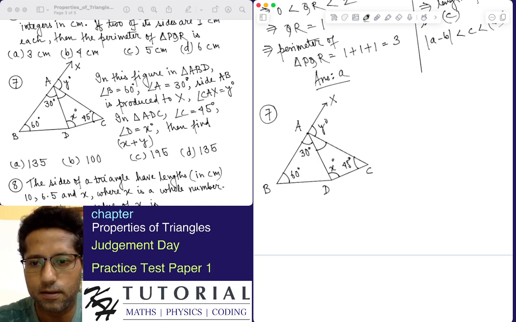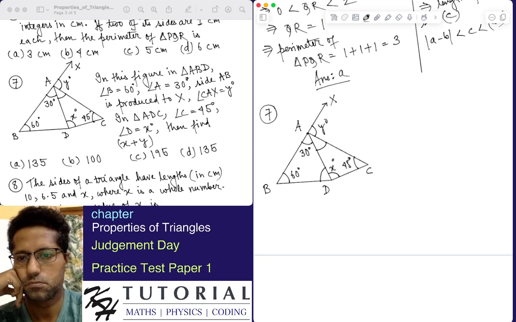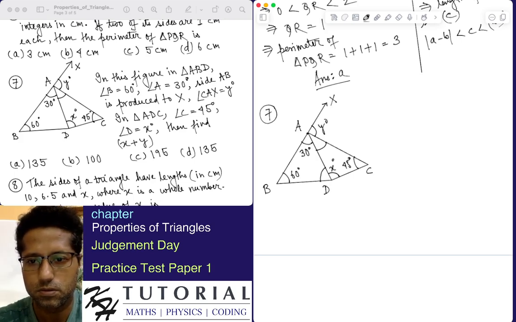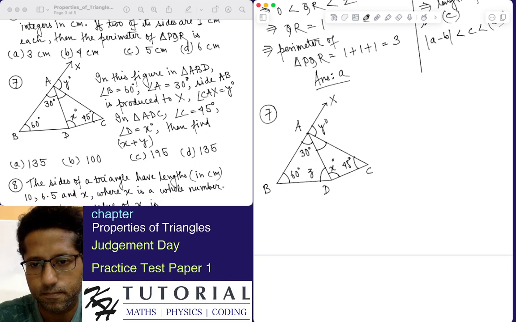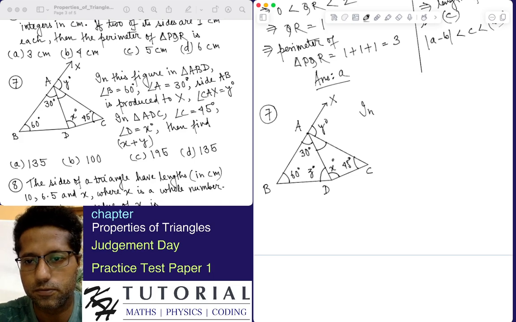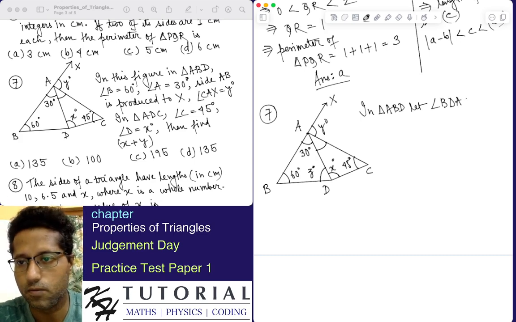Now, what will be this angle? Will it help if we find this angle? Yes, it will help. So let this be Z. Let angle BDA equal Z degree.